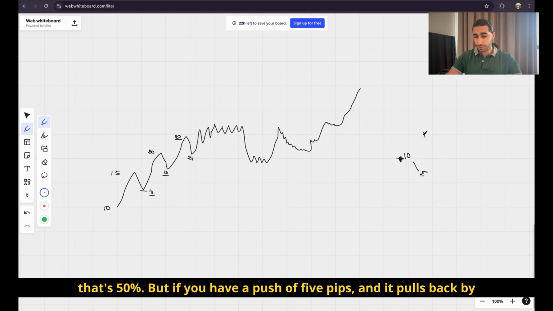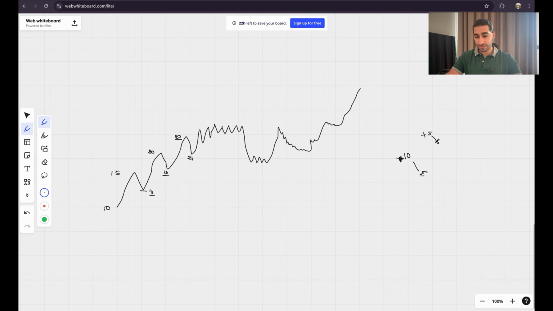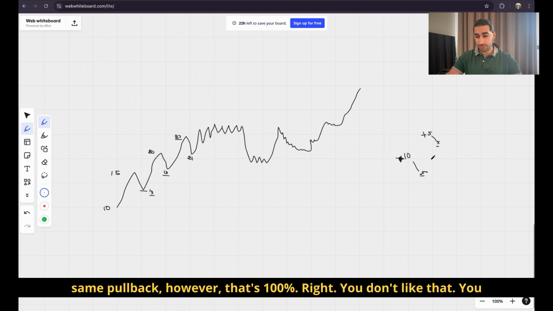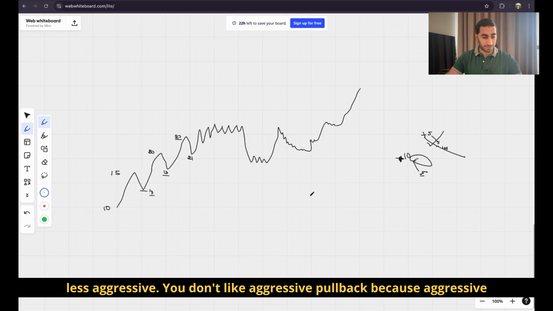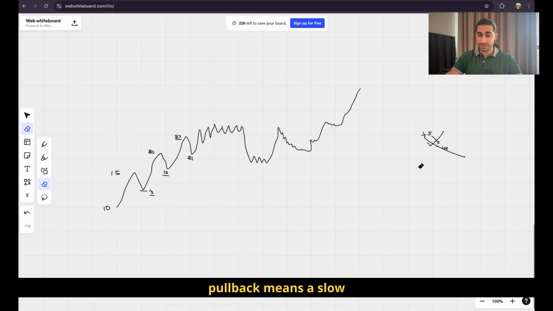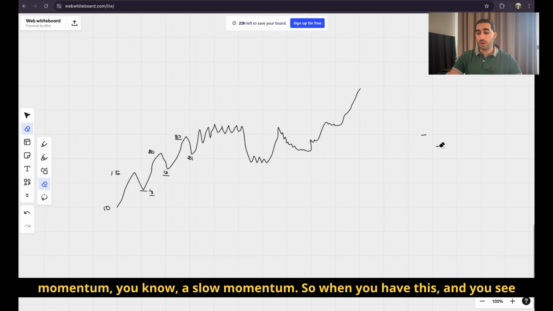But if you have a push of 5 pips and it pulls back by 5, same pullback, however, that's 100%, right? You don't like that. You like the first because that's less aggressive. You don't like aggressive pullback because aggressive pullback means a slow momentum, a slowing of momentum.